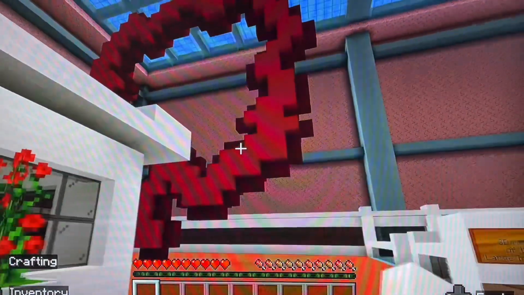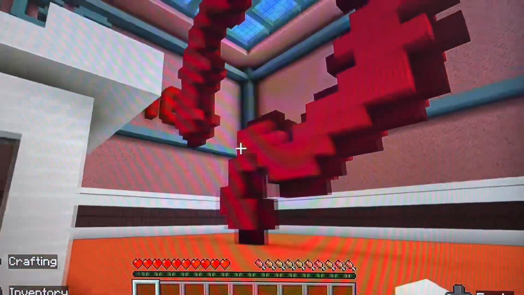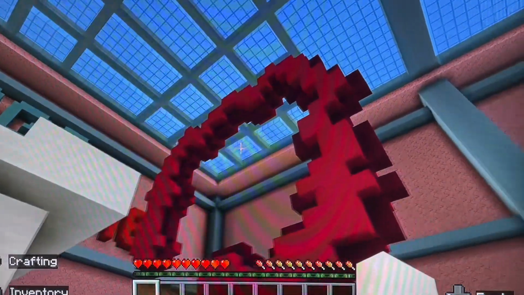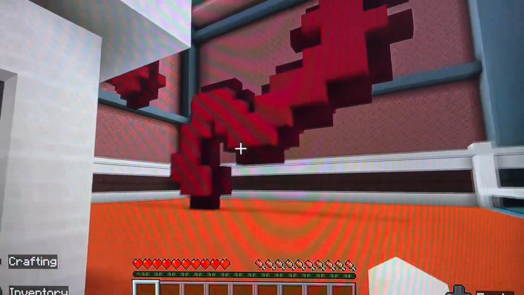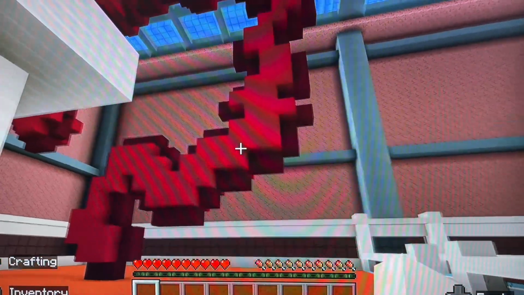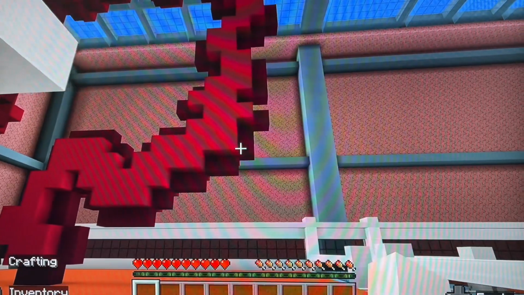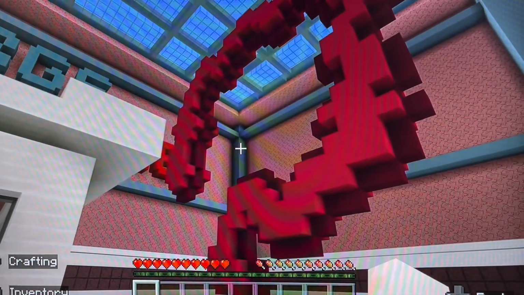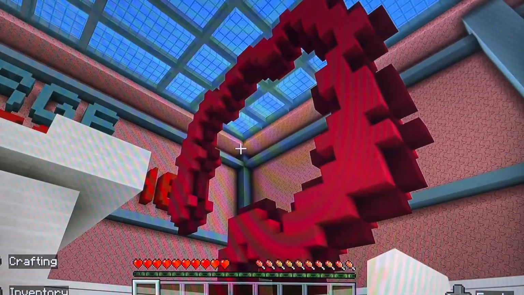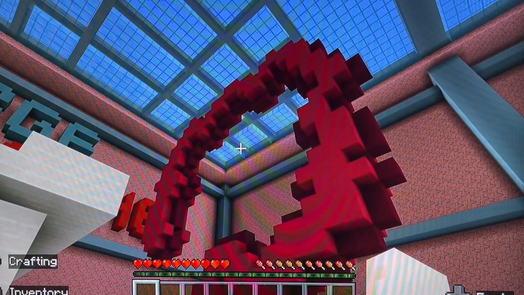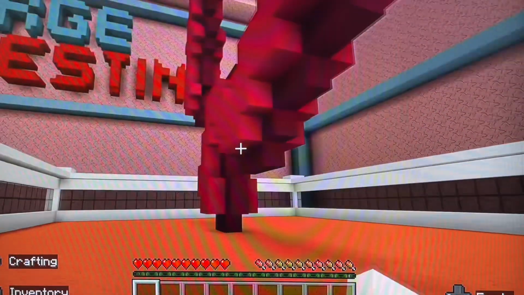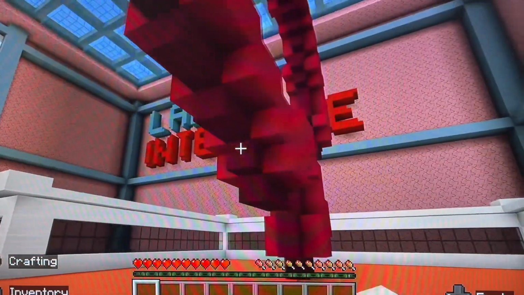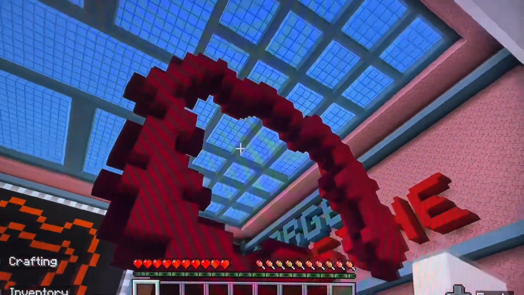So it's smaller than the small intestine, ironically. Probably of a larger diameter, hence the name large intestine. So that's what it looks like in Minecraft form. And that's the view there.